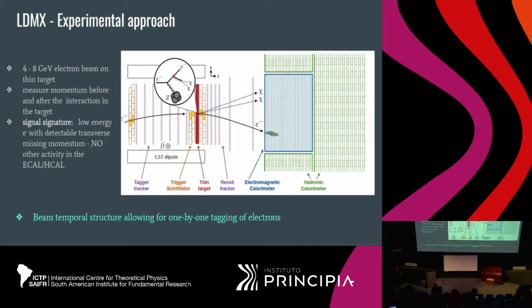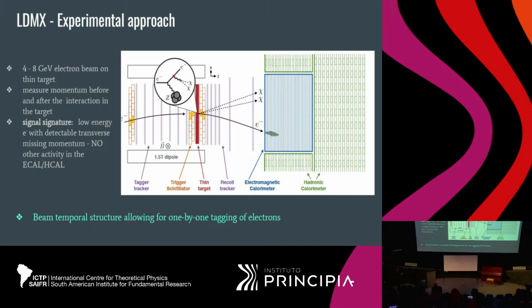So a low energy electron which lost a significant transverse momentum. So here you have an information which is also directional, with respect to the simple missing energy, where you just measure the energy before and after, and no activity in all the other parts of the experiment, which are an electromagnetic calorimeter and a hadronic calorimeter, where you expect to measure only the low energy electron.